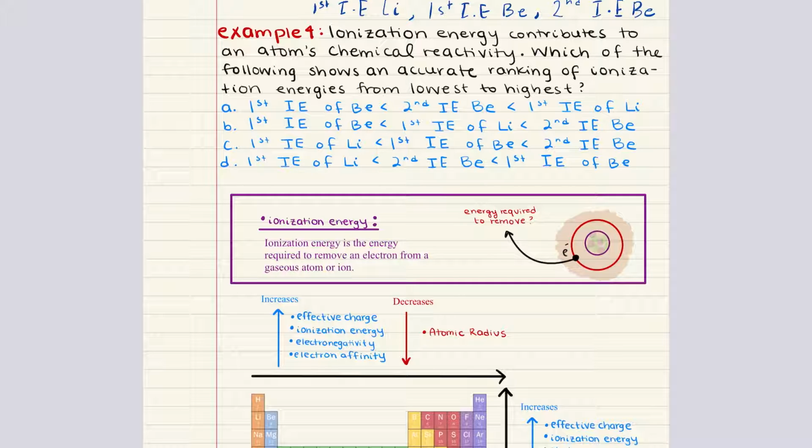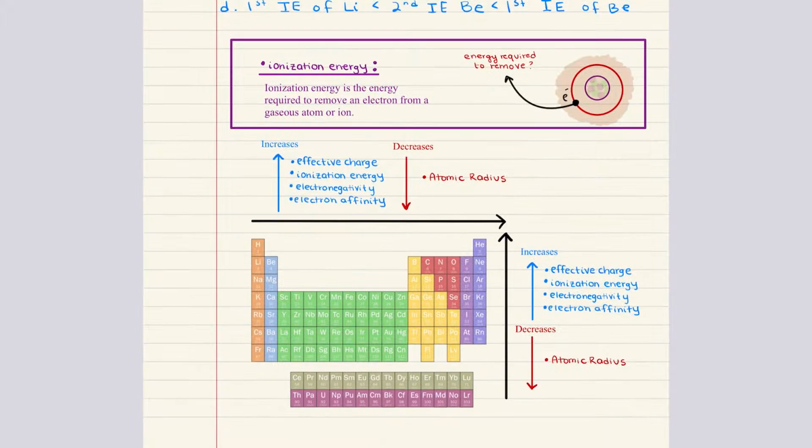The second ionization energy refers to removing the second electron, and so forth. Generally, ionization energy increases going from left to right, and increases going from bottom to top. So these are important trends to remember.